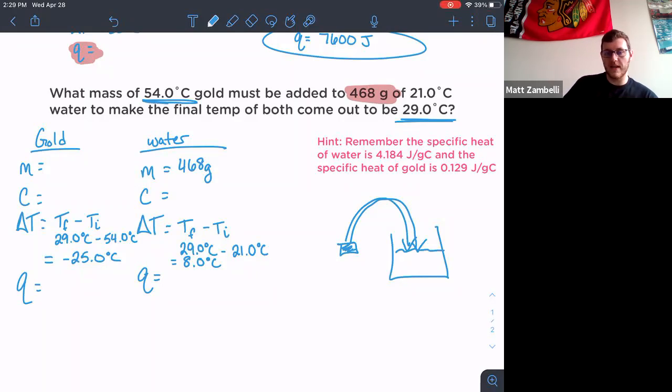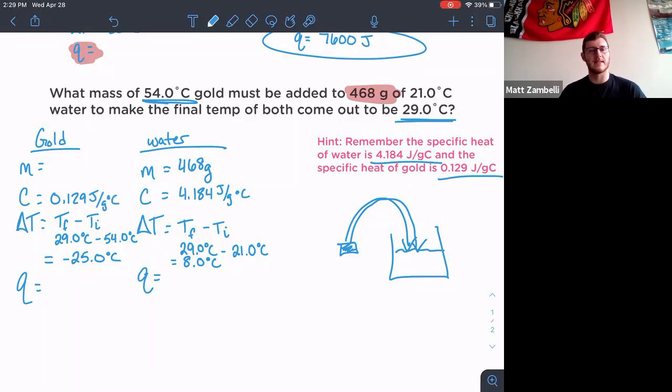We know the specific heat, and we know both of them because they're right over here. So we know water specific heat in liquid form is always going to be 4.184 joules per gram degrees Celsius. We know the specific heat of gold is going to be 0.129 joules per gram degrees Celsius. All right.